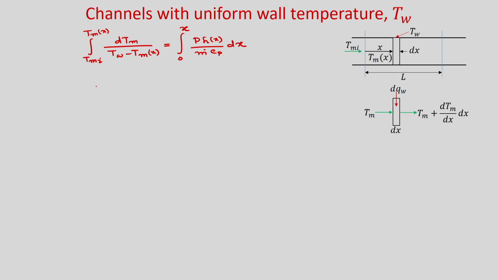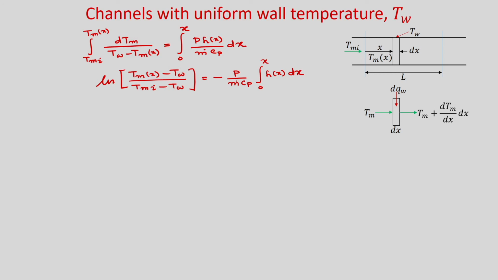Now you can integrate and put the limits. This will be ln of T m x minus T w over T m I minus T w. I have changed T m minus T w, so there will be a minus sign. You can write minus, and you see P, m dot and Cp are constant, so you can take them outside the integral. So, you can write the integral from 0 to x of h x dx.